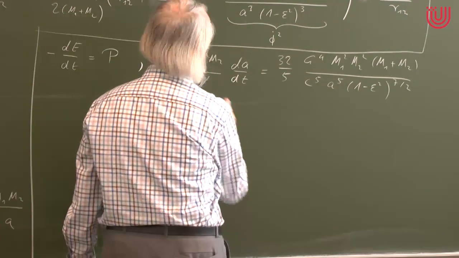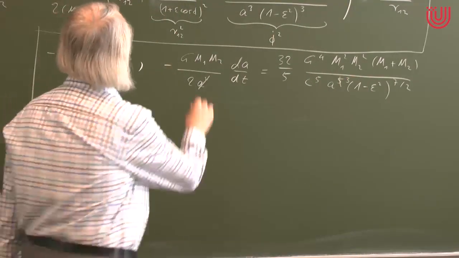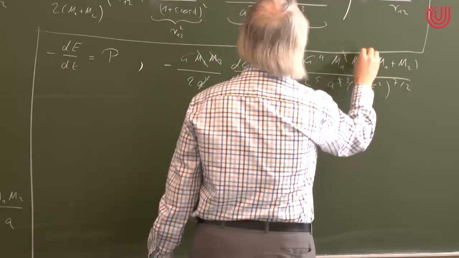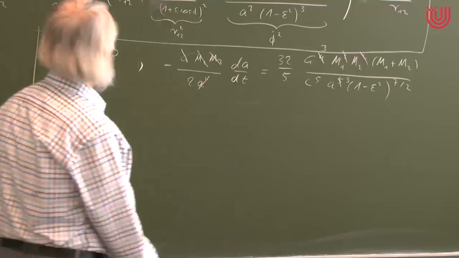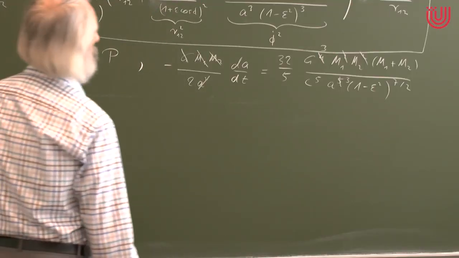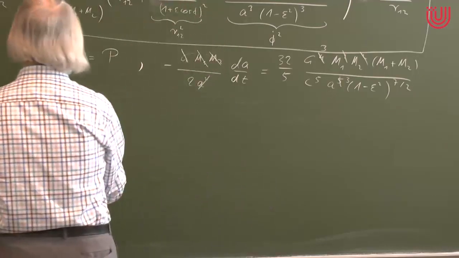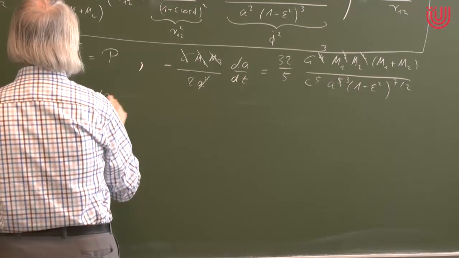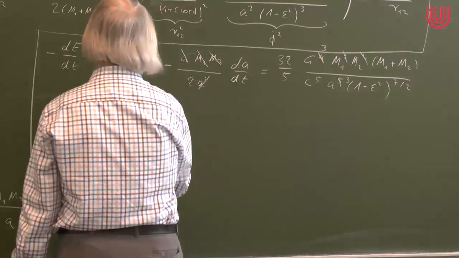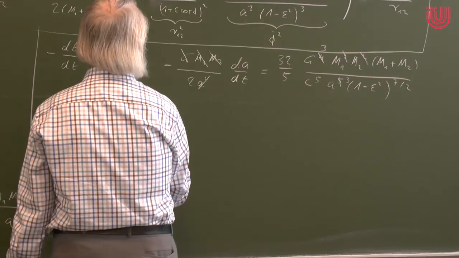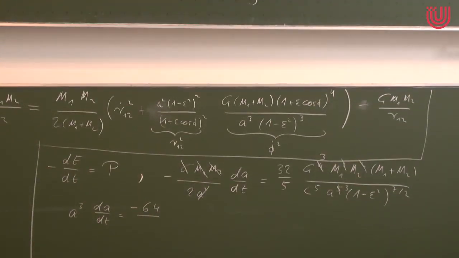You have an A squared, then this becomes an A cubed. I have M1 and M2 on both sides. I have a G on both sides. Anything else? No, I think not. So maybe I write it in this form, with this A on the other side. Then I have A cubed dA by dt is what? Then it is minus 2 this here. Minus 64. Wasn't that a 15? Oops, let me see.